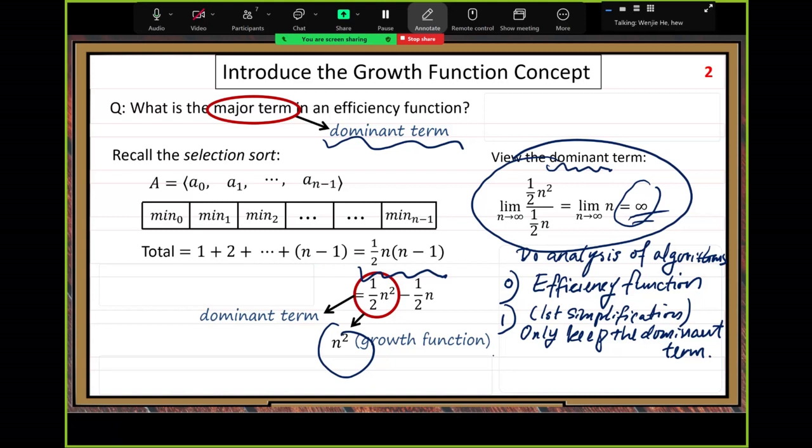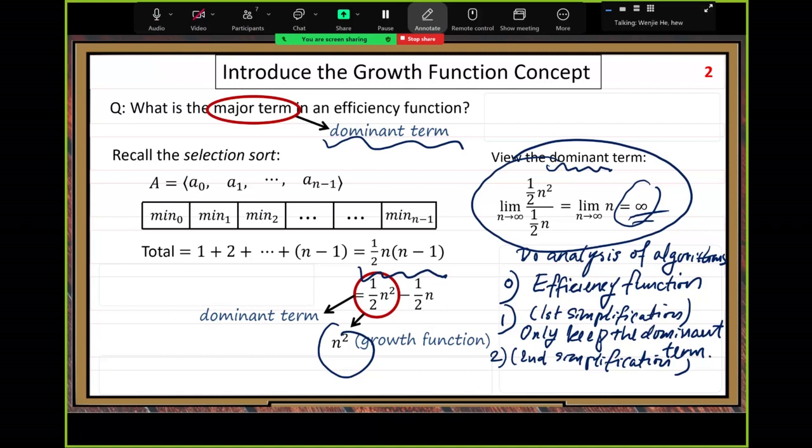Then the second round of simplification, on the dominant term. The coefficient of that dominant term may not be 1 in general, right? It could be 1/2, 2, some positive constant.